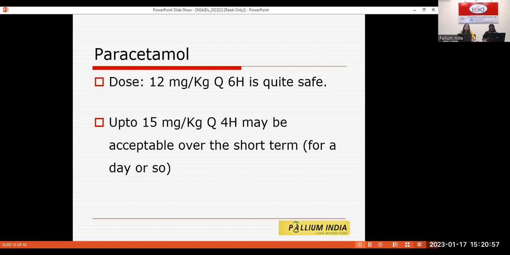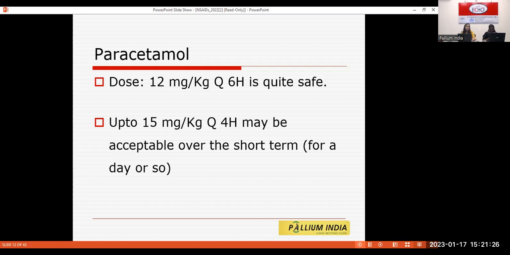Sometimes we do give more, if it is severe pain responding to paracetamol really well. Sometimes we go a little above it, but that is very, very rare. You just have to remember 12 milligram per kilogram body weight, 6th hourly. So how much will you need according to your body weight? Most of us need more than 500 milligram, right? Now in our country, we have the 650 preparation, which is ideal.